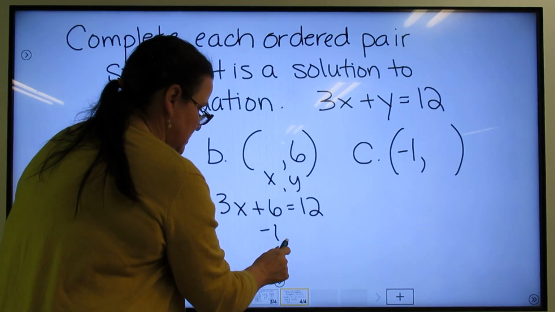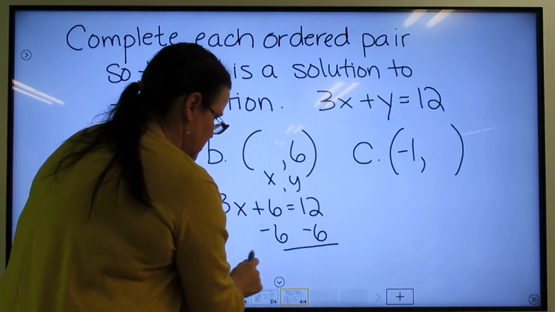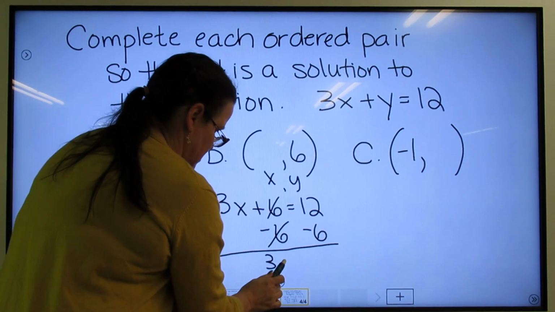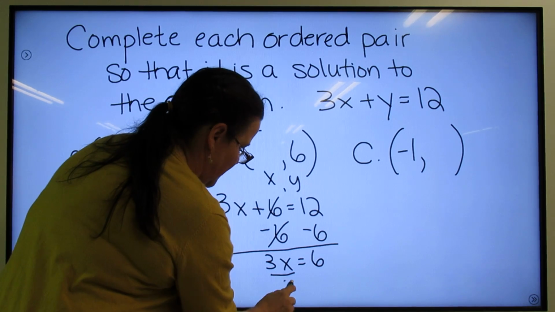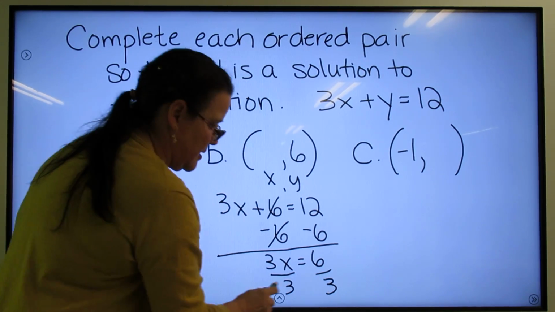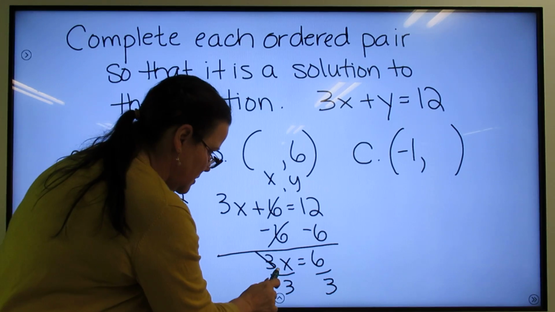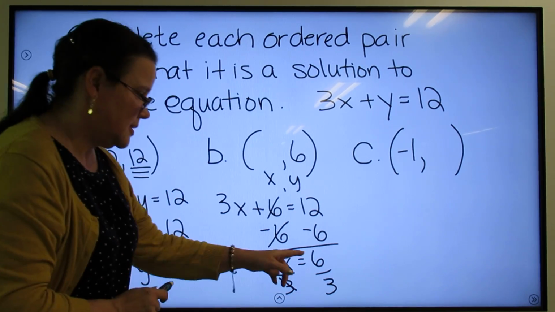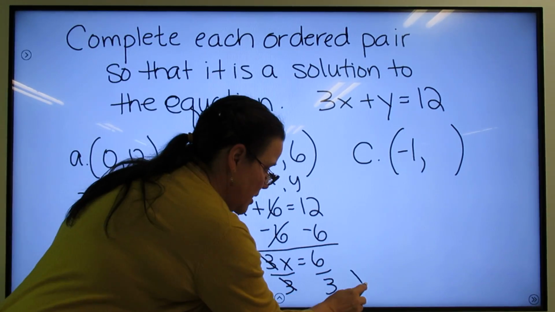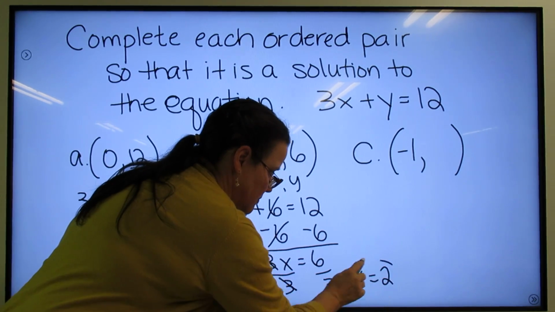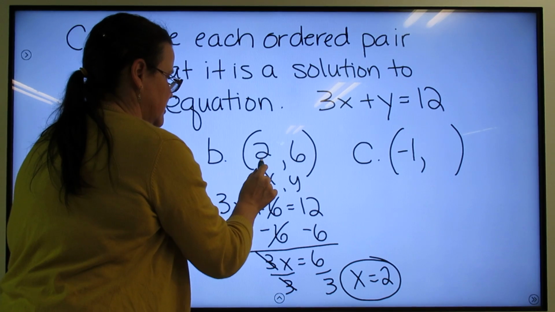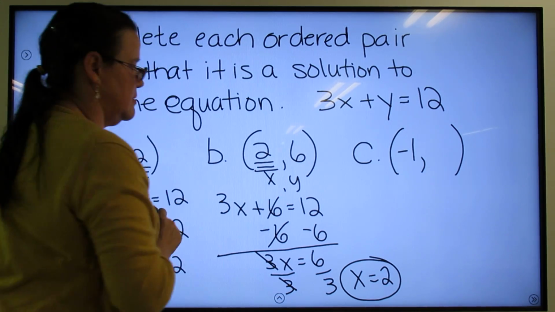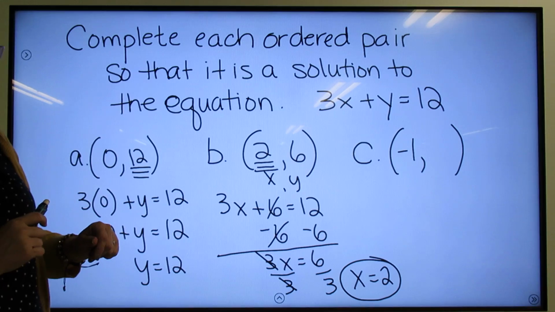So you minus 6, divide by 3, divide by 3. Those 3's cancel out. 6 divided by 3 is 2. x equals 2. And then you would write in here your answer. And I'll underline it so you know that's the answer you're looking for, right?